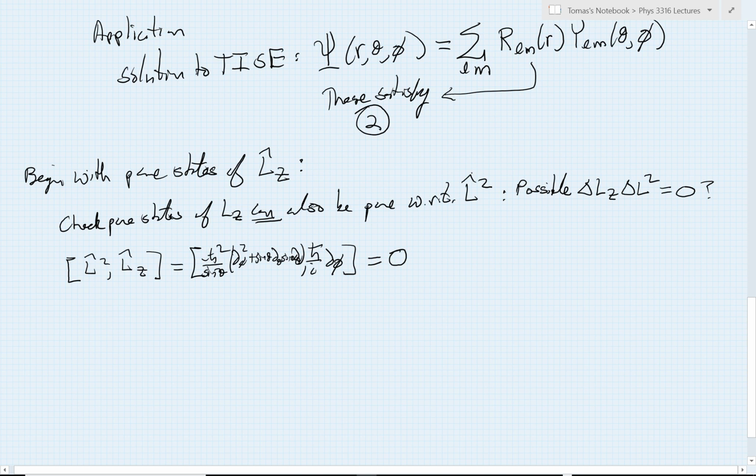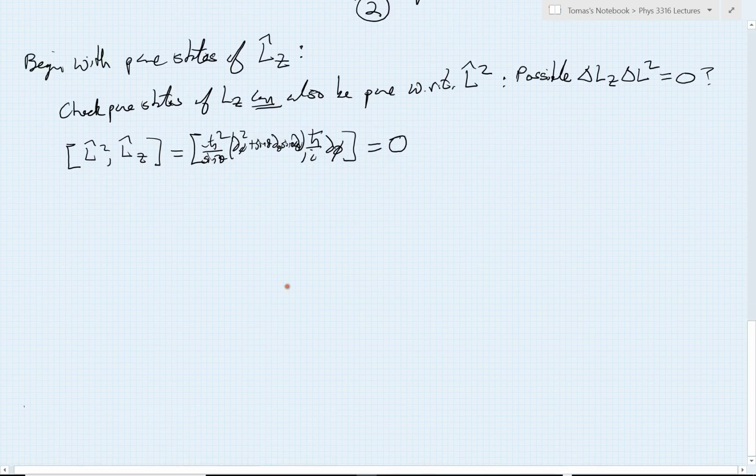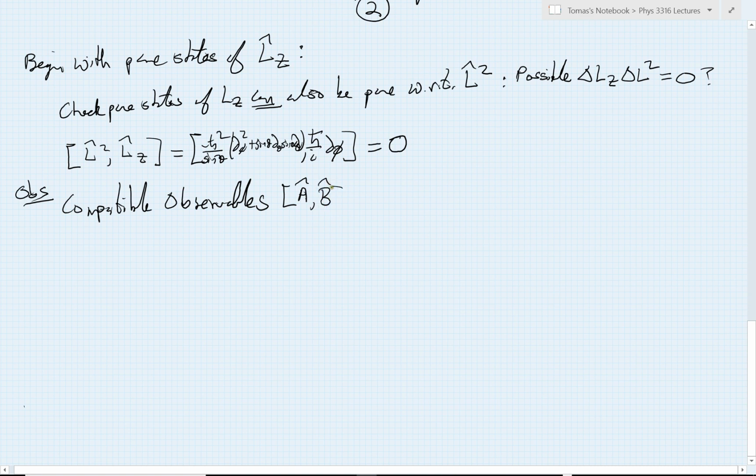And there's something even a little more deep about this result, and that is that I have here a special case of what are known as compatible observables. Compatible observables are when I have two observables whose corresponding operators actually commute with each other.